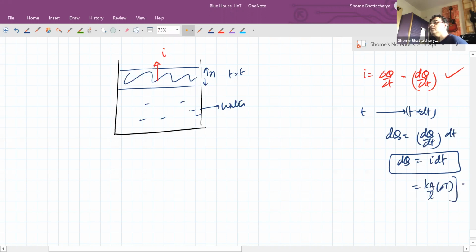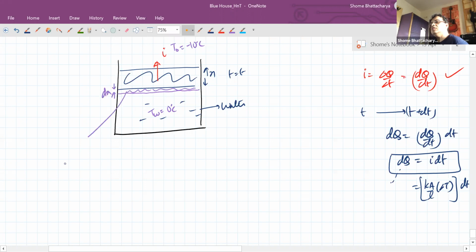That is your heat current into dt. But then what is this heat doing as it goes out? Is it reducing the temperature of the water? No, the temperature of the water is remaining stable at 0 degrees. Is it changing the temperature of the environment? No, its temperature is remaining constant at minus 10 degrees. So what's happening in that time dt, a further layer of ice is getting formed, whose thickness is dx.